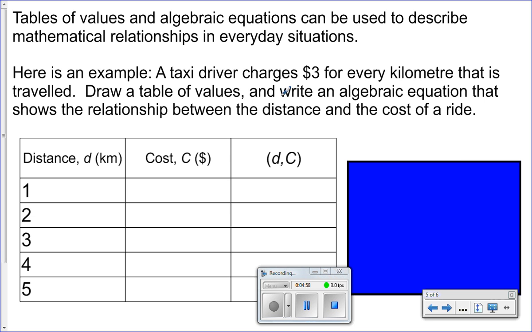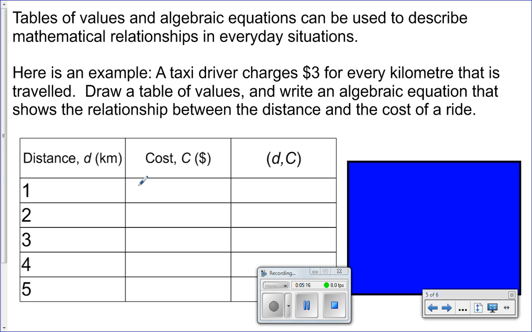Okay, so the taxi driver charges $3 for every kilometer that is traveled. That sounds like we have to multiply. So let's say that the distance is 1 kilometer.